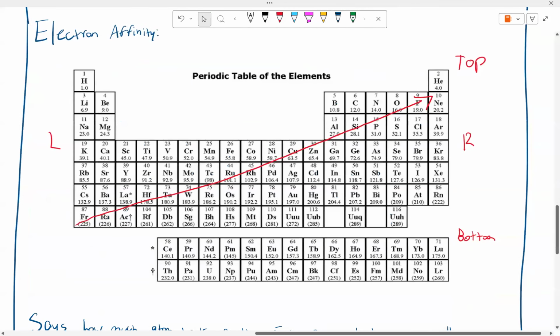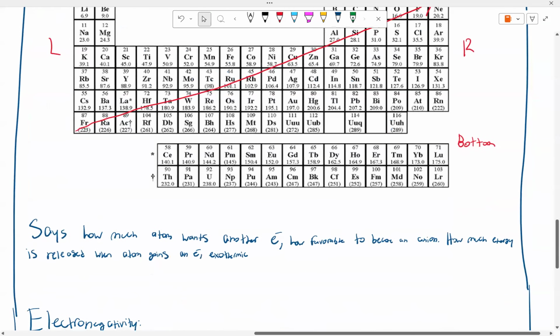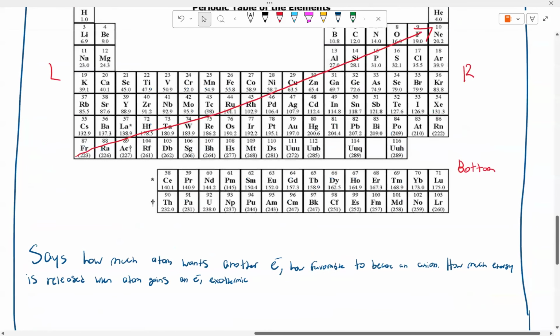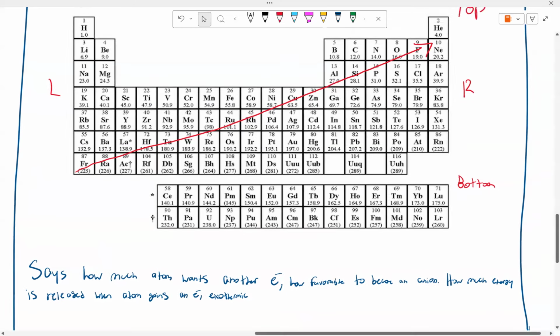Electron affinity. This is essentially how much the atom wants another electron, so how favorable it is to become an anion. This goes back to whether or not it is closer to completing the octet, if it has 7 electrons or 1 electron. If it has 7 electrons and you add an electron, that is really favorable, so it has a high electron affinity.